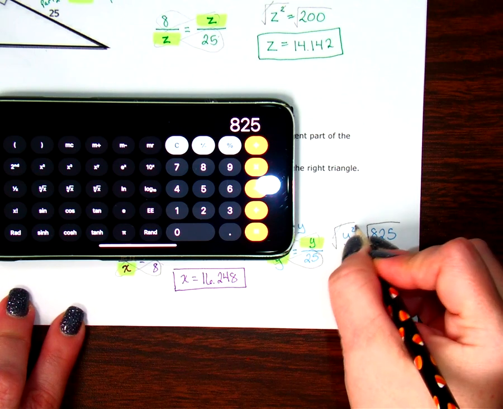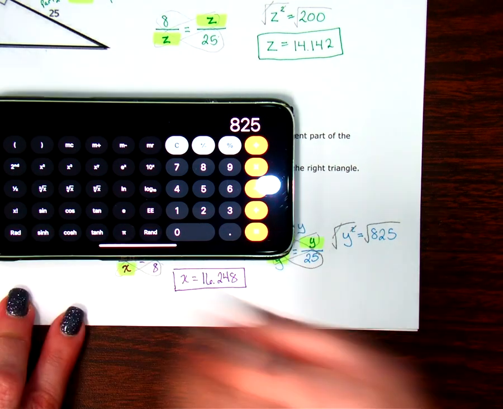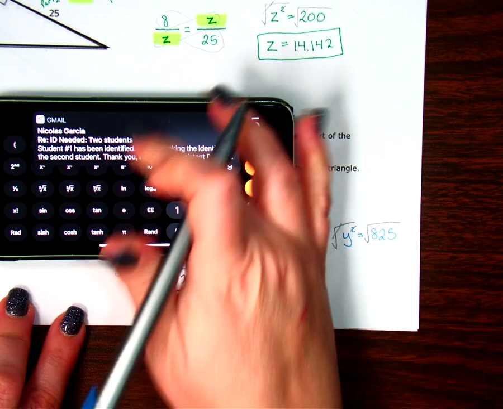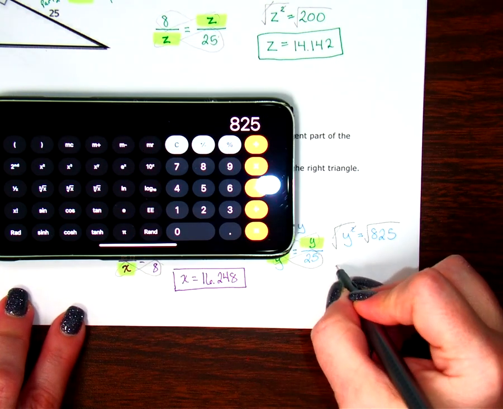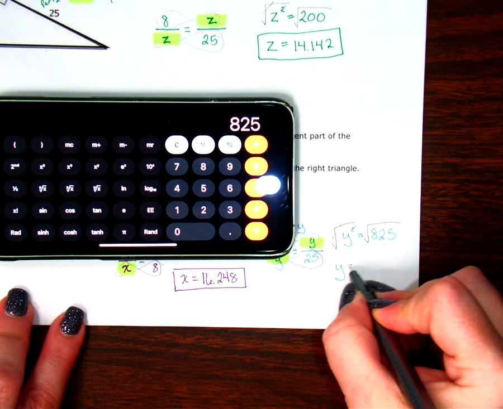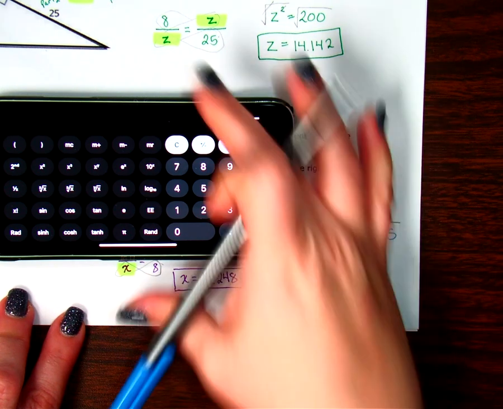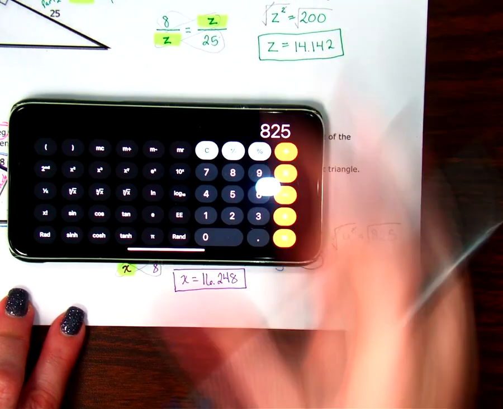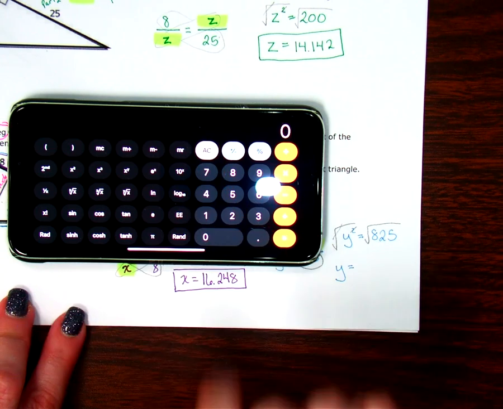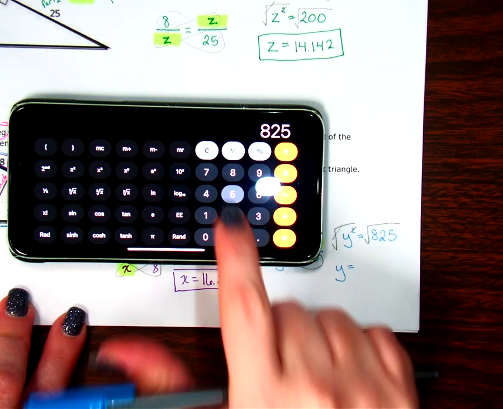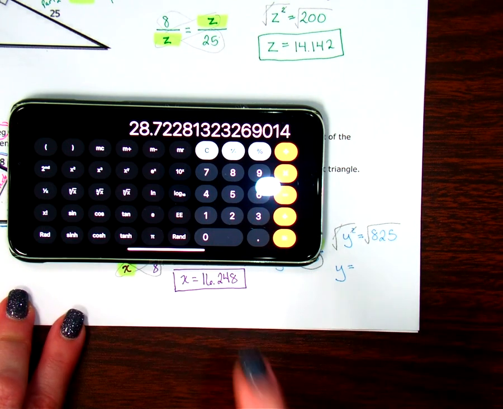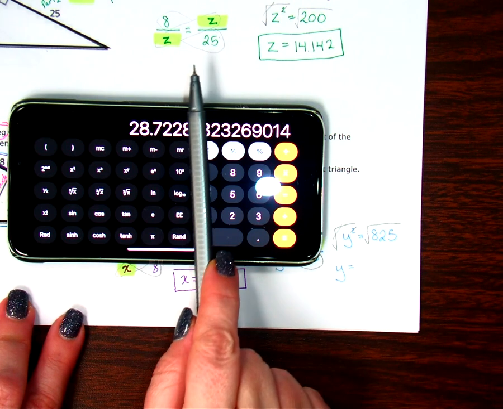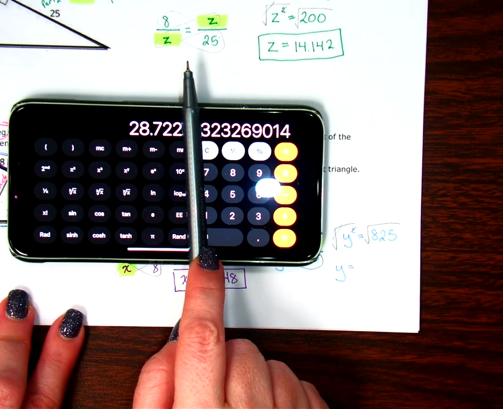And then, to get rid of the square, I'm going to square root, because square roots and squares cancel out. So all I have left on the left-hand side is y equals the square root of 825. I've already got the 825 in there, but if I want, I could clear it out and retype it, 825, and then square root.